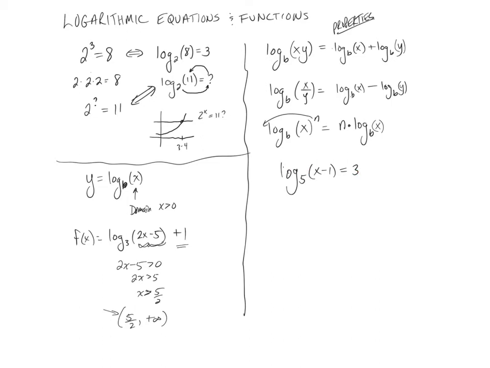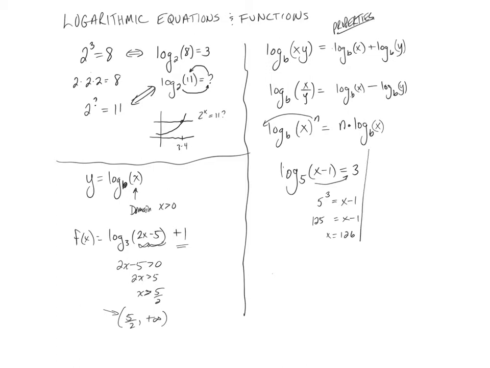And if you can get your log equation to look this way, it's going to be real easy to solve, because you just use my little mantra of the base, which is 5, raised to the answer, which is 3, equals what you're taking the log of. And now, piece of cake, all you have to do is add 1 to both sides. 5 to the third is 125, equals x minus 1, so x, of course, is going to be 126.